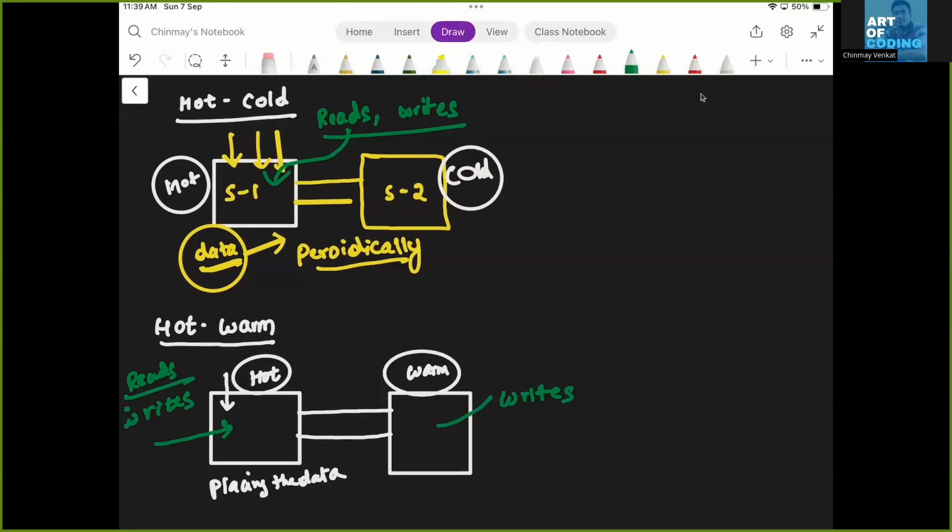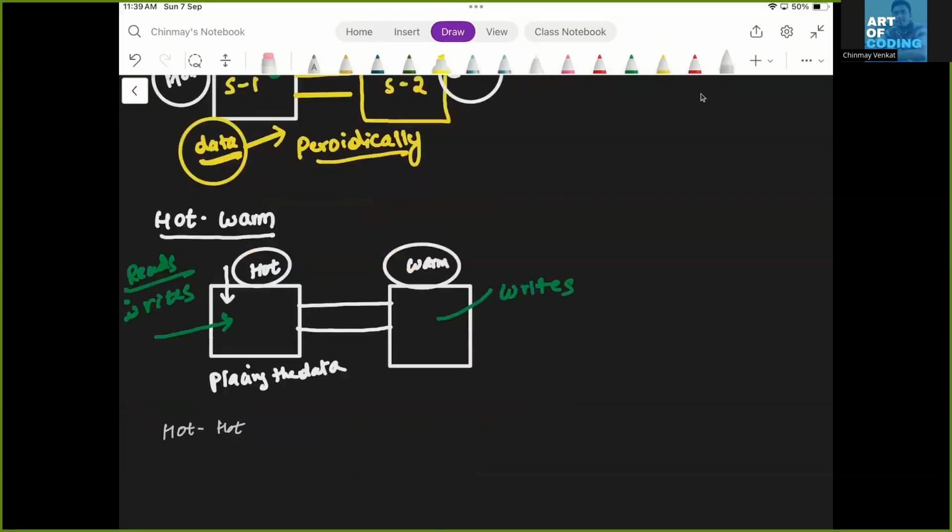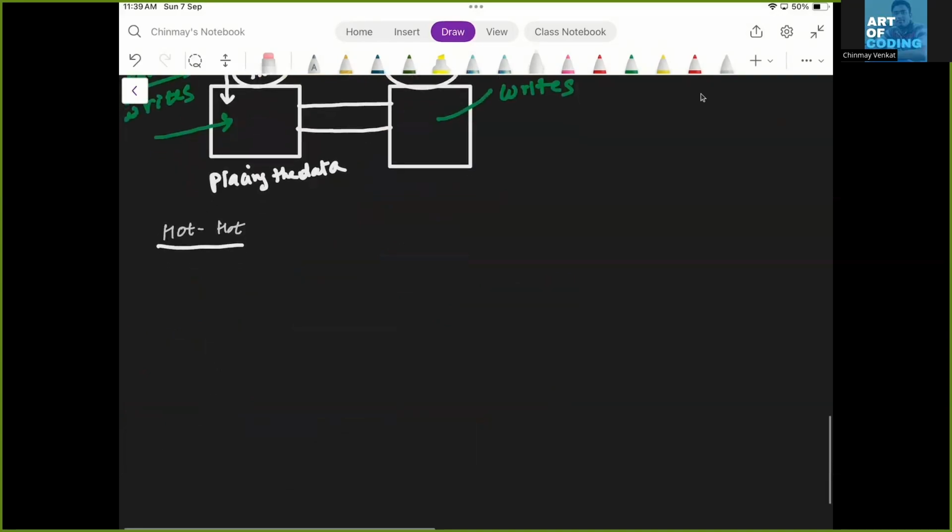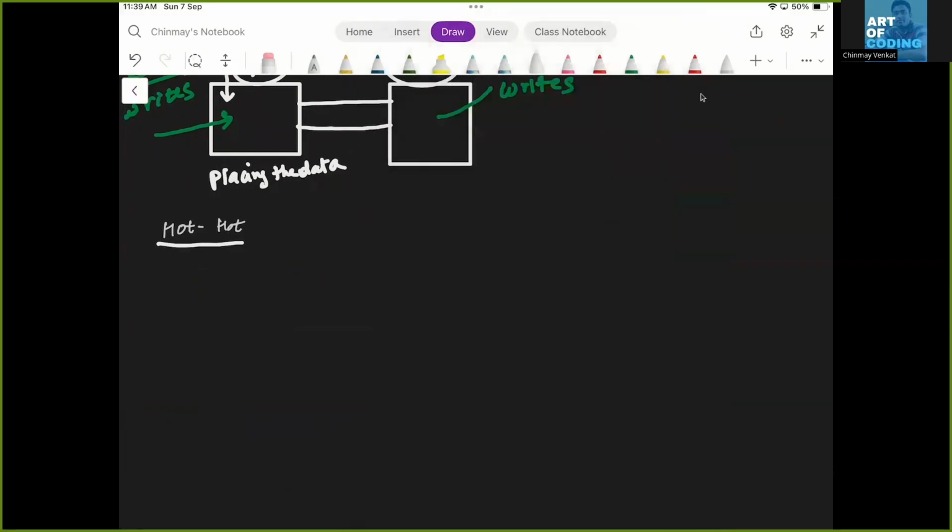Now the hot architecture. We have server 1 and we have server 2.